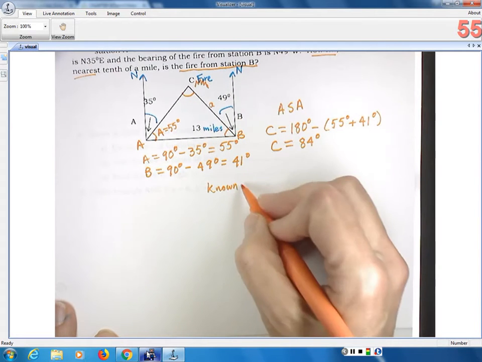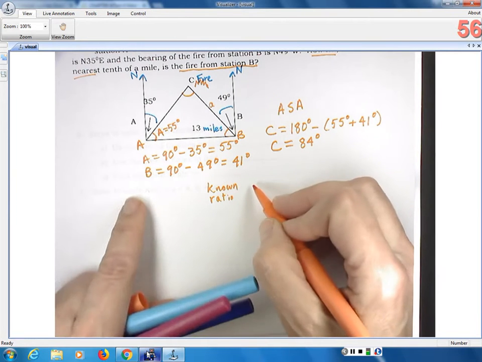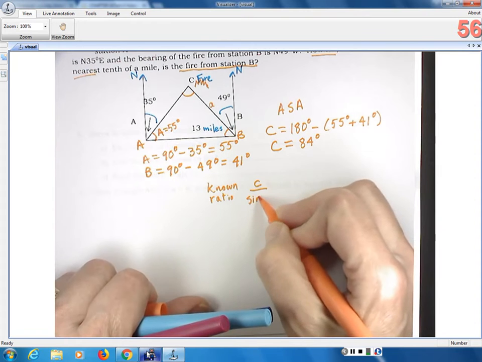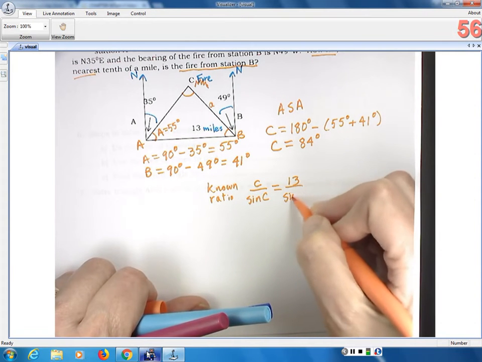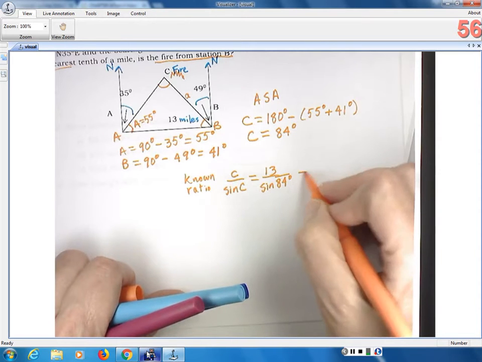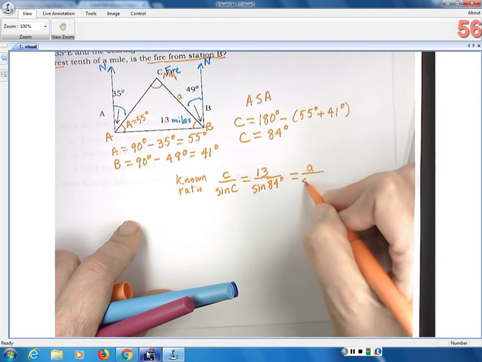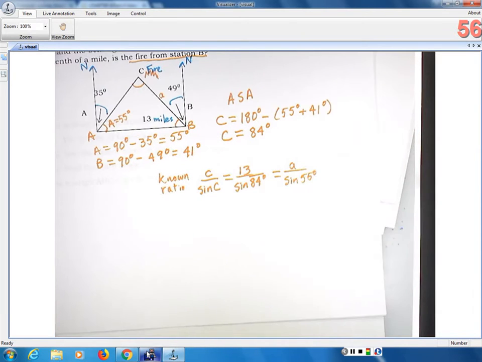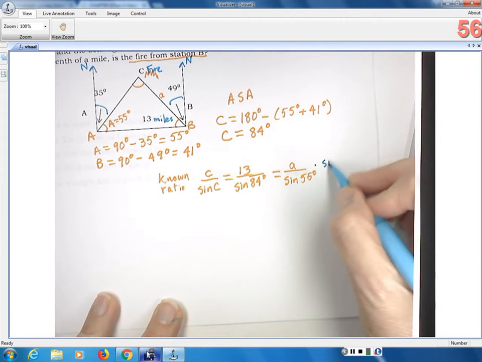Okay, so our known ratio, written as small c over sine of C, which is 13 over sine of 84, is A over sine of 55 degrees. We're going to find A by multiplying through by sine of 55.